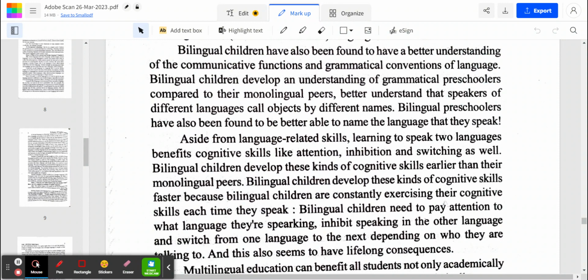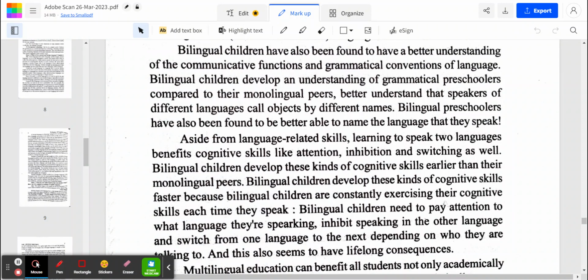Aside from language-related skills, learning to speak two languages benefits cognitive skills like attention, inhibition, and switching. Bilingual children develop these kinds of cognitive skills earlier than their monolingual peers. Bilingual children develop these cognitive skills faster because they are constantly exercising them each time they speak.